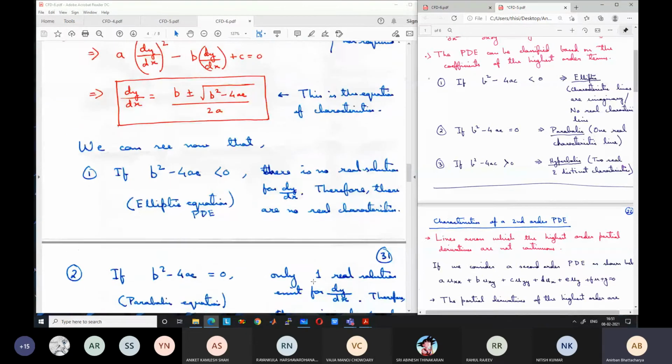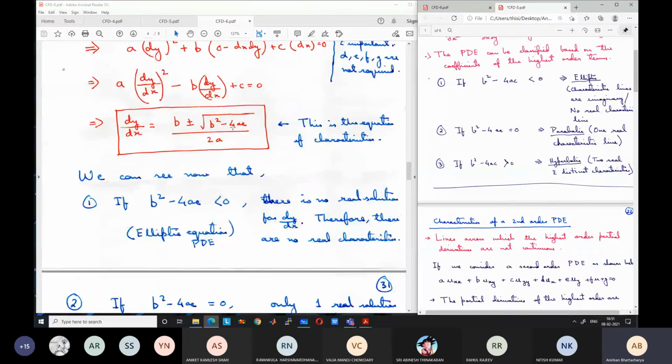I will explain again. If b square minus 4ac is less than 0, this number is a complex number, so there is no real solution, so there is no equation for a line. If b square minus 4ac is equal to 0, this term is 0, and you have an equation for a single line: dy/dx is equal to b by 2a. And if b square minus 4ac is positive, you have two separate equations.